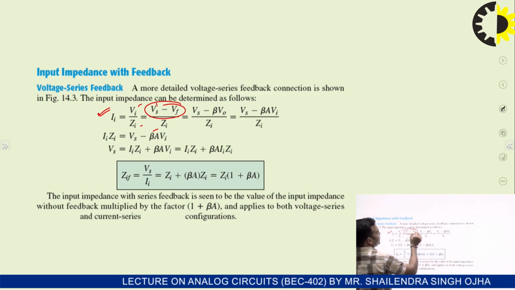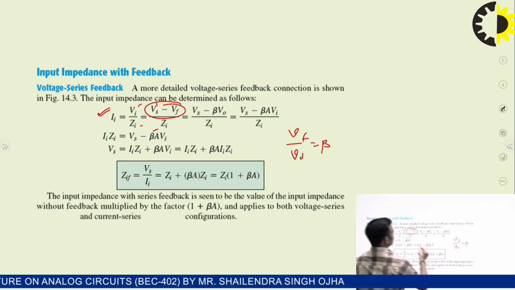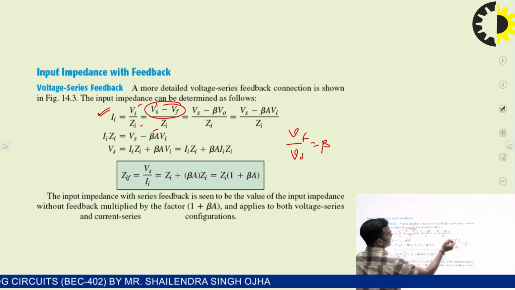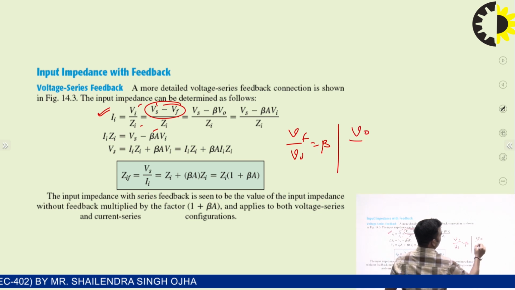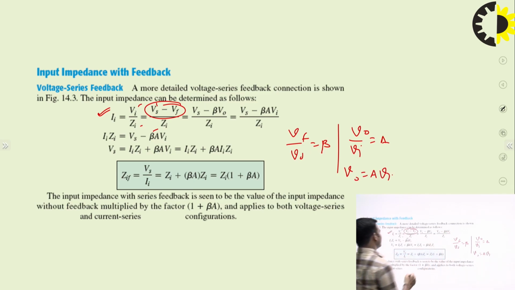Vf upon V0 is equal to beta, so Vf is beta V0, and V0 upon Vi is equal to A, so V0 is equal to A into Vi. From this, Ii Zi will be equal to Vs minus beta A Vi. So Vs will be equal to Ii Zi plus beta A Vi, because Vi is equal to Ii Zi.